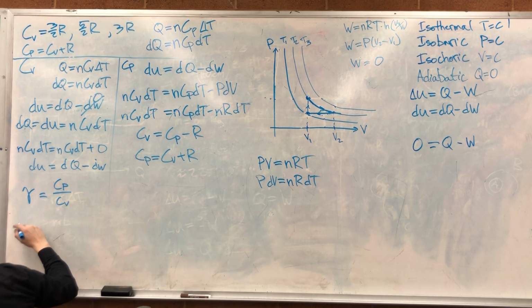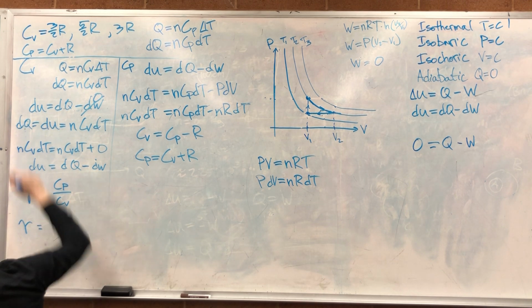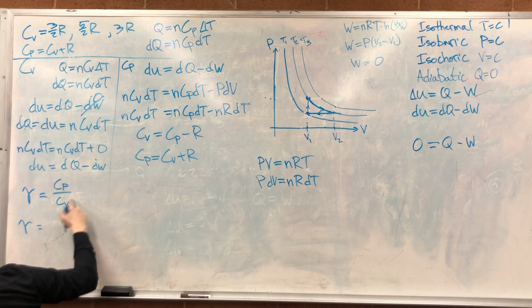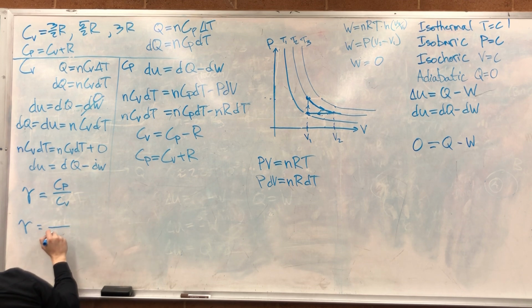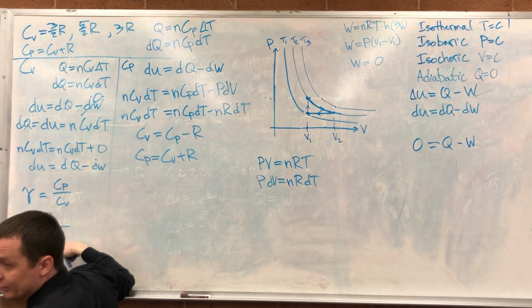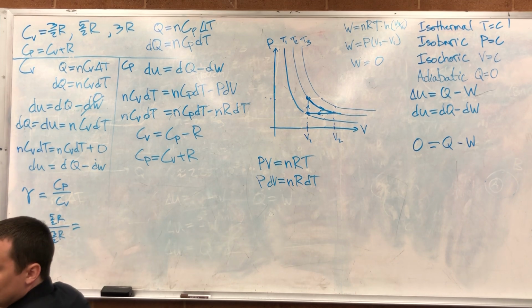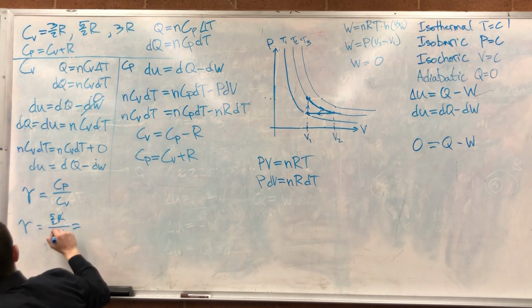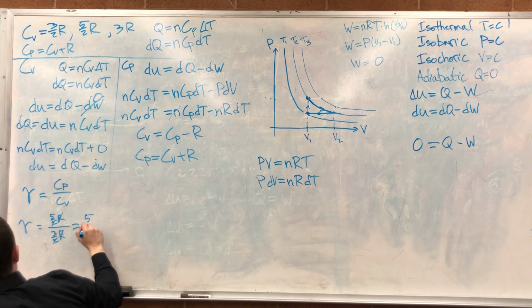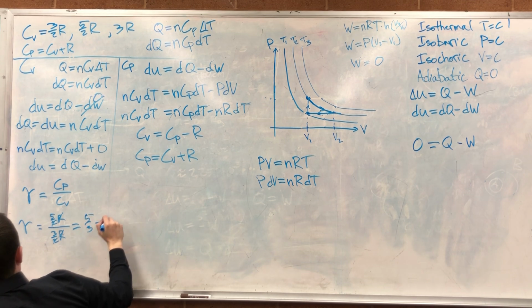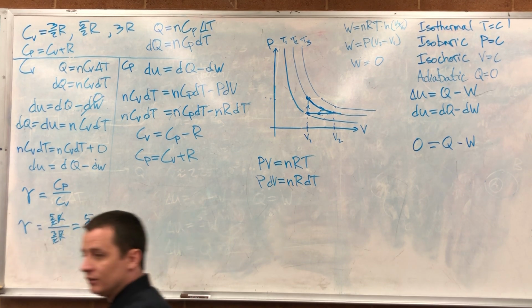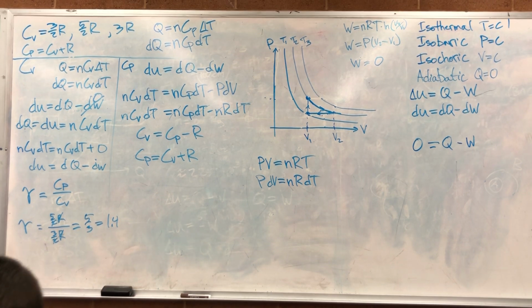So our gamma for helium is, for a monatomic gas, Cv is 3/2 R, and Cp is Cv plus R, so it's 5/2 R. The R's cancel out, the 2's cancel out, and you're left with 5/3, which is 1.4, which is the number we went and looked up.